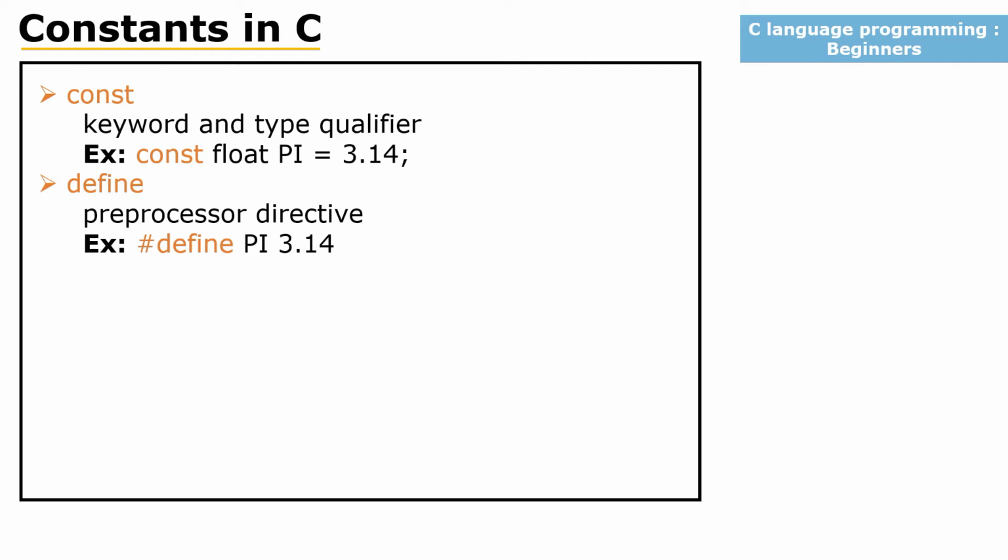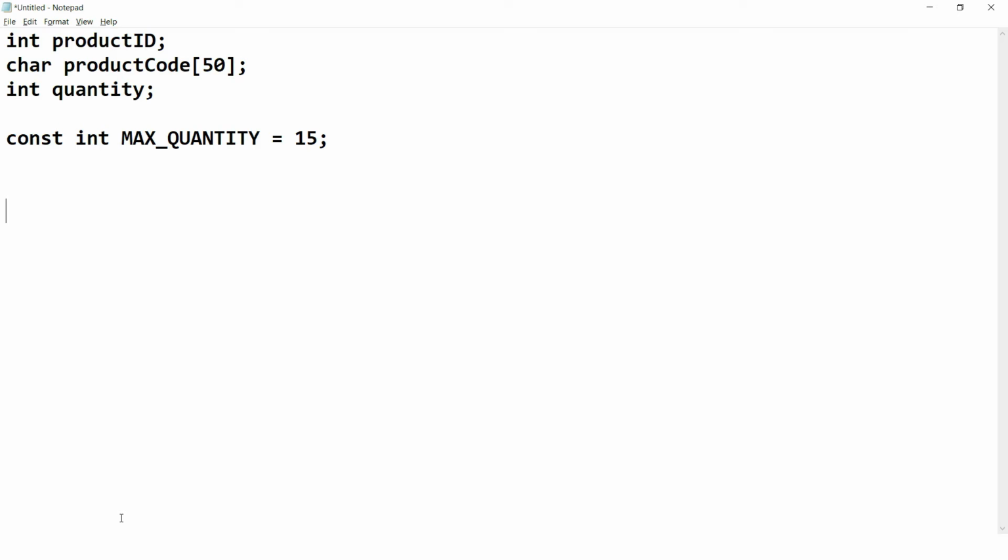And all preprocessor directives we need to write in the linkage section. And we know the structure of writing a C program. First we need to write the comment line section. After that we need to write the linkage section. After that we need to write the main function section.